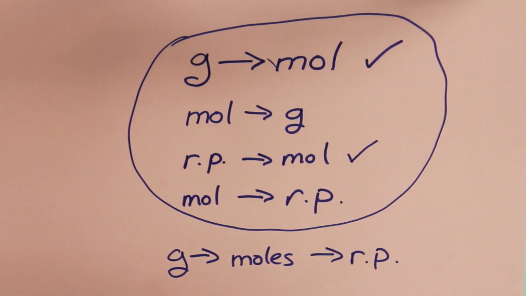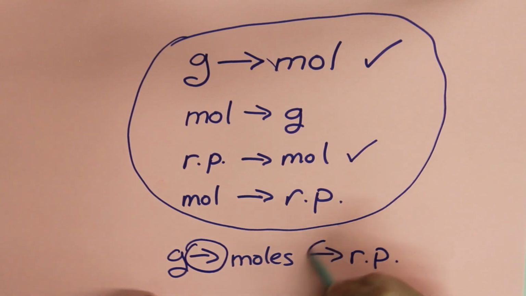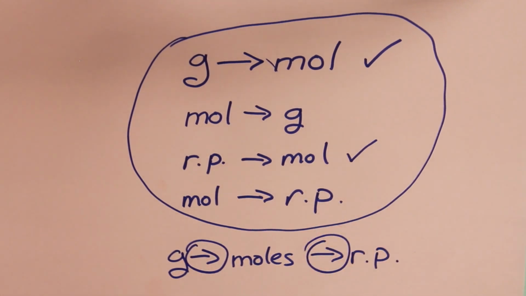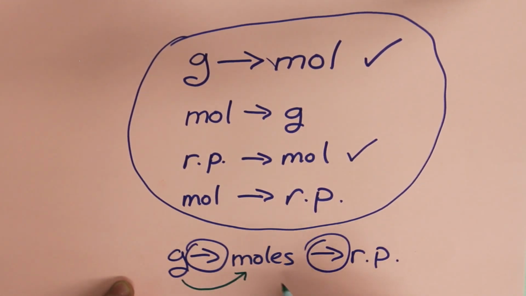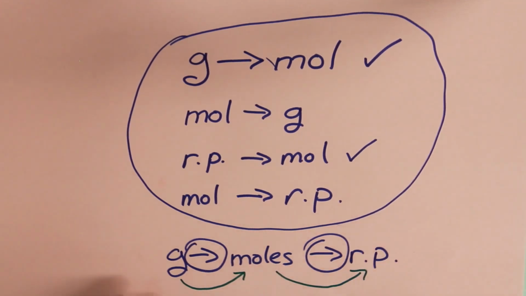When we have 2 arrows, one here and one here, it's actually going to require 2 conversion factors, one going from grams to moles, and another one from going from moles to representative particles.